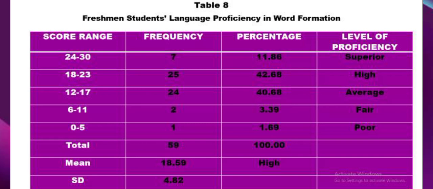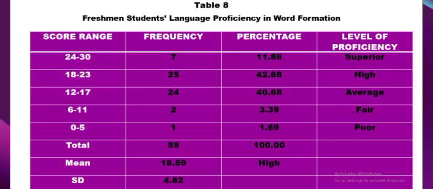We have there the score range: 0 to 5, 6 to 11, 12 to 17, 18 to 23, 24 to 30. Your statistician can help you with that. And then the frequency, how many students got the score of 24 to 30, something like that. And then the percentage, and then the level of proficiency. In the level of proficiency, where did I get this one? Of course, you have there your Likert scale.